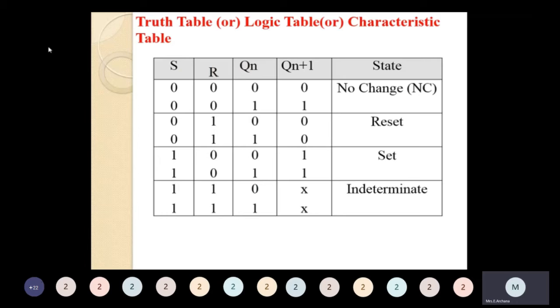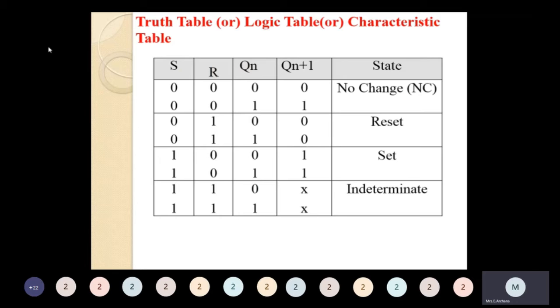When my inputs are 0, 0 and my present state is either 0 or 1, the next state is the same: if the present state is 0, the next state is 0, and if the present state is 1, the next state is also 1.